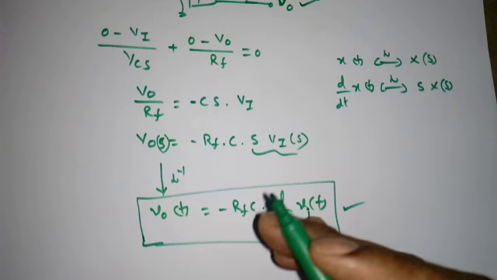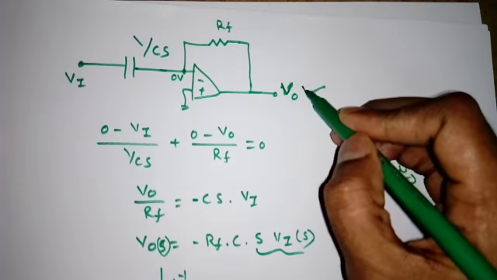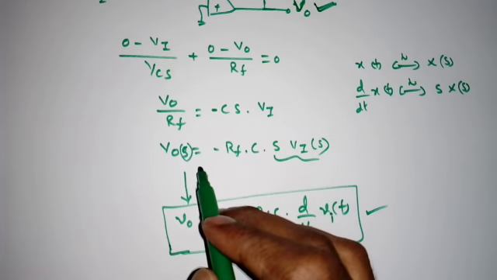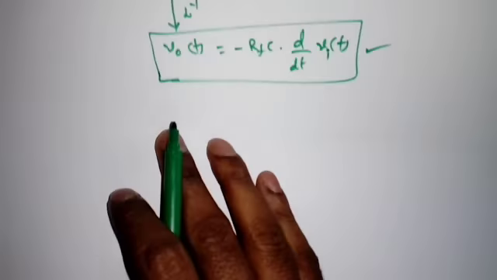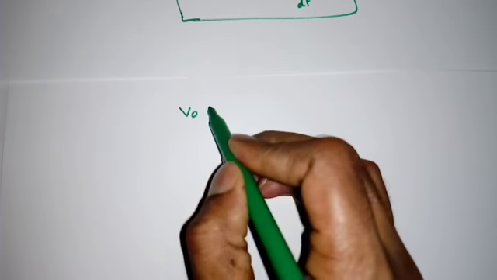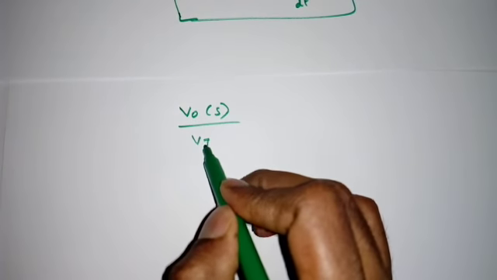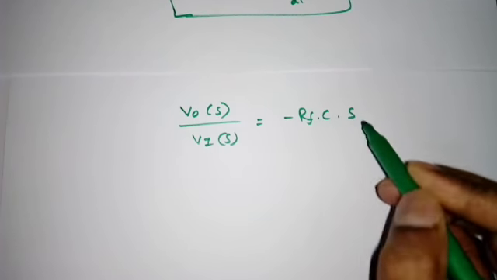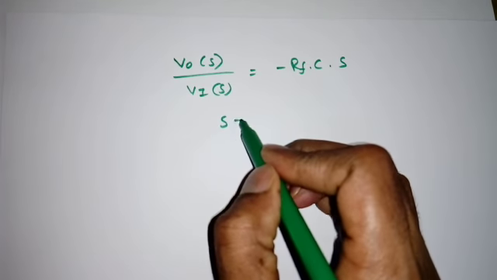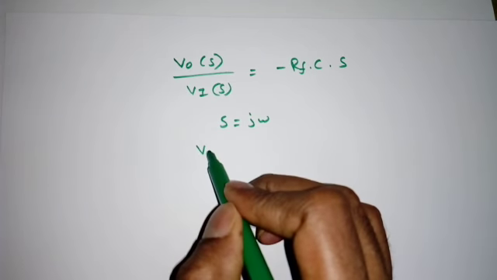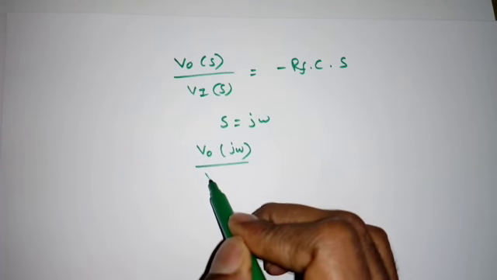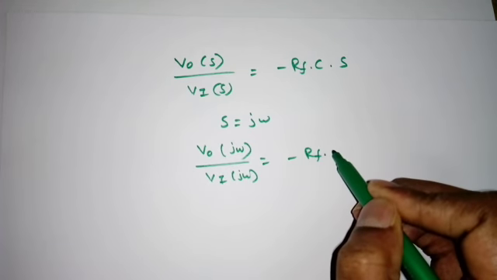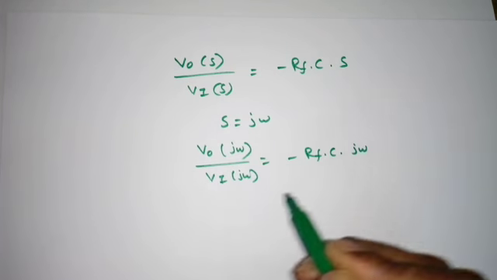Now we can give another name to this differentiator depending on its frequency response. If I find the gain, that is the magnitude, what is this? V0 of S by Vi of S is equal to minus RF into C into S. Now if we substitute S equal to j omega, it becomes V0 of j omega by Vi of j omega is equal to minus RF into C into j omega.